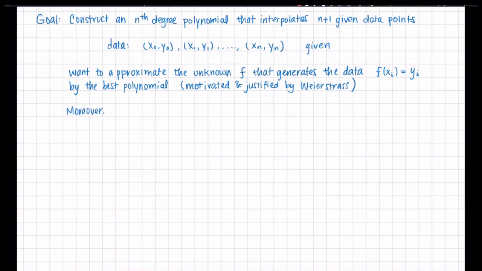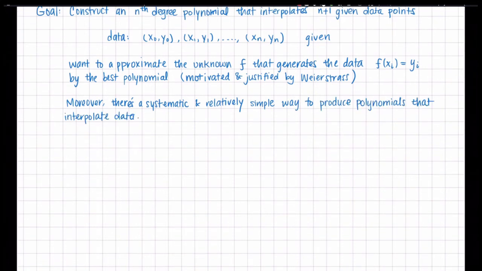Moreover, there's a systematic way, and I'll say systematic and relatively simple, to produce polynomials that interpolate data. I'm going to introduce higher power switch polynomials.